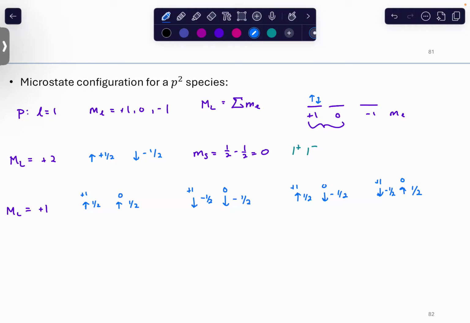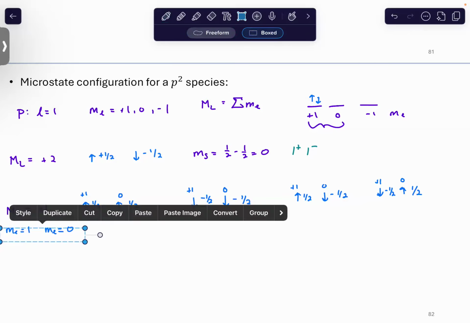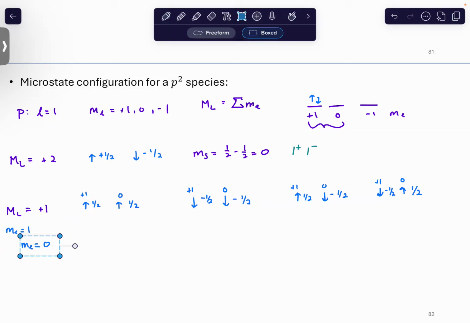And again, this was for M sub L equals 1 and M sub L equals 0. So then, let's look at actual microstates.